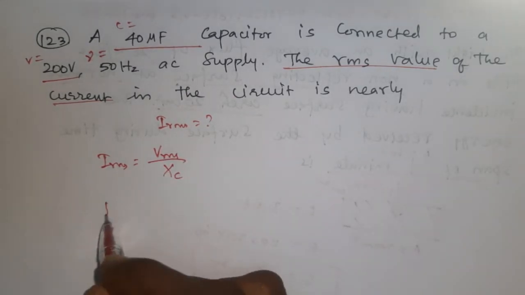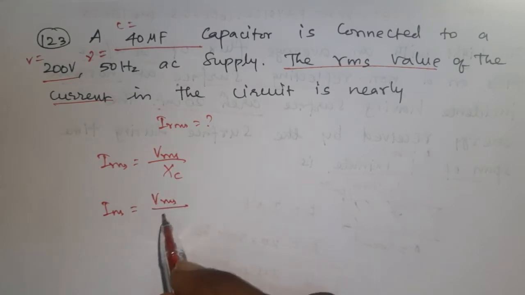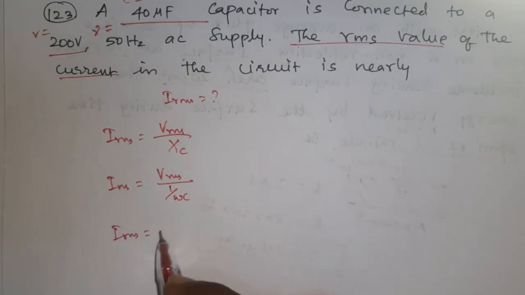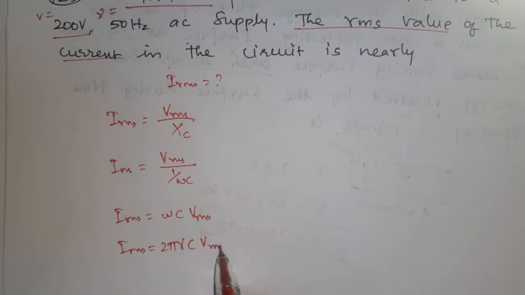Now XC is 1 by omega C, so that omega C will go to the numerator. So IRMS is equal to omega C into VRMS. Then the omega formula is 2 pi nu, so IRMS is 2 pi nu C into VRMS.